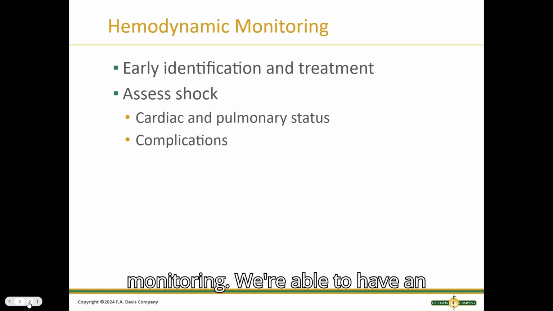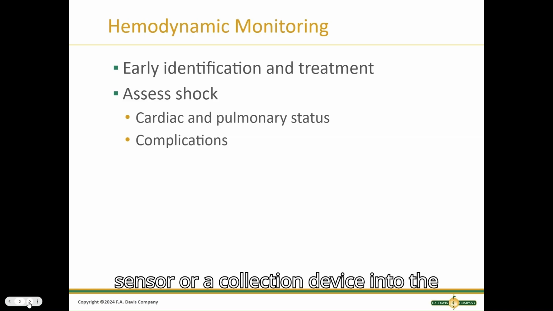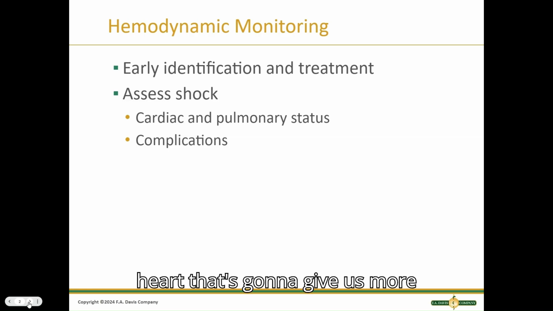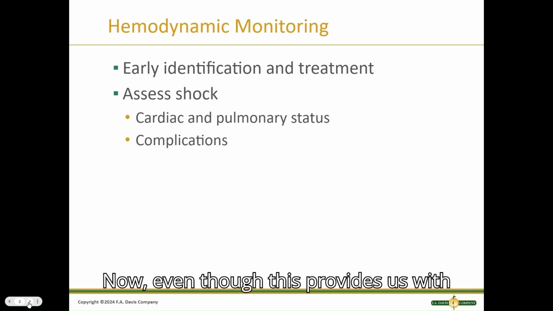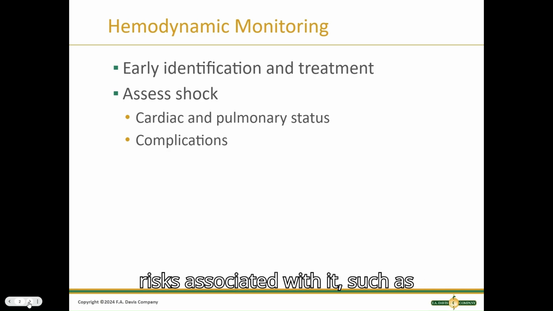But with advanced technology, we're now able to use more invasive monitoring. We're able to insert a catheter that has a sensor or a collection device into the heart that's going to give us more data points and give us real-time monitoring for these unstable patients.